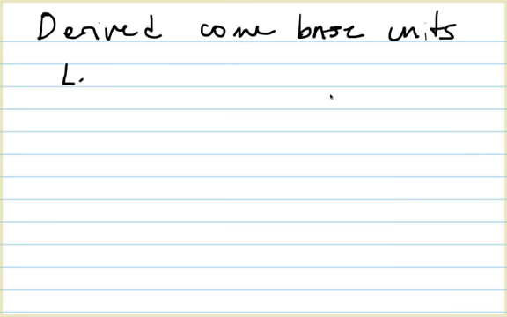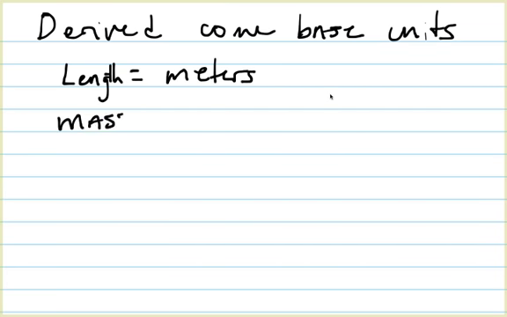Since we only have a certain number of base units, we have what we call derived units. Derived units come from our base units. As a reminder, we've got length measured in meters, mass measured in grams, and time measured in seconds.